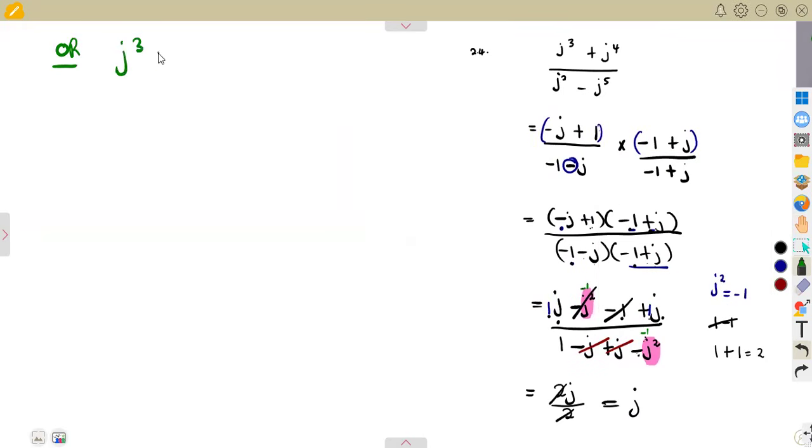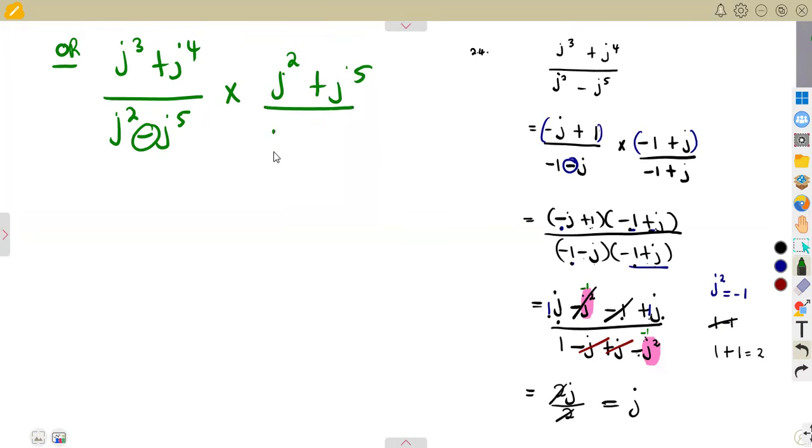J to the exponent of 3 plus j to the exponent of 4 over j squared minus j to the exponent of 5. The concept is still the same. The negative, I affected, so I'm going to multiply. This changes to a positive, so that will be j squared plus j to the exponent of 5, and this will be j squared plus j to the exponent of 5.